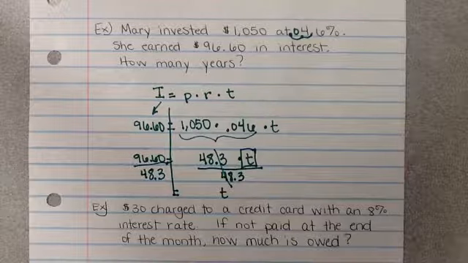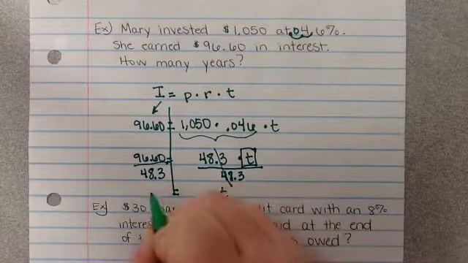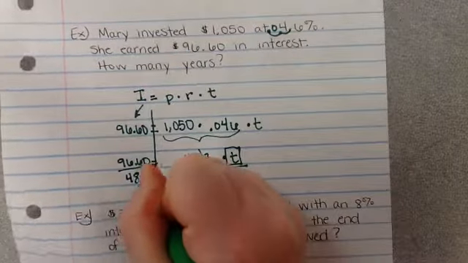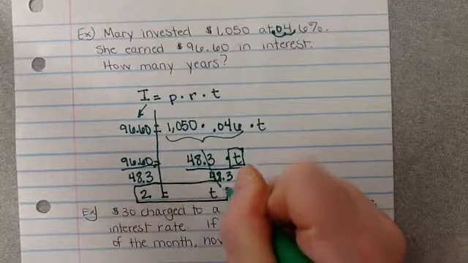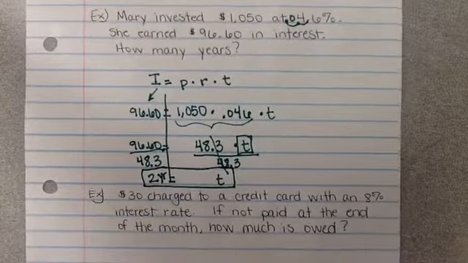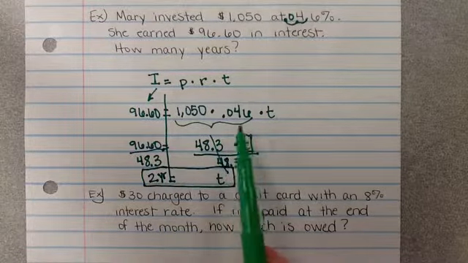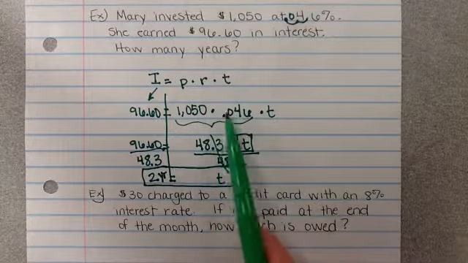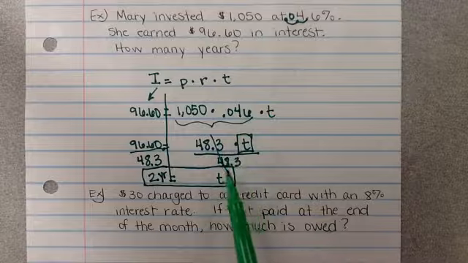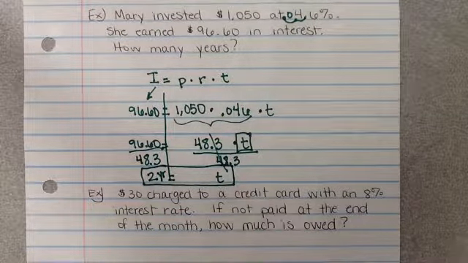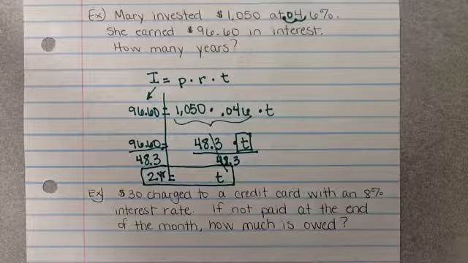And how many years did Mary have this invested? 2. The time is 2 years. Okay. So plug things in. This time I had a variable that I had to solve for, so figure out what this is. Divide both sides to get the variable by itself. Mary would have invested this money for 2 years.